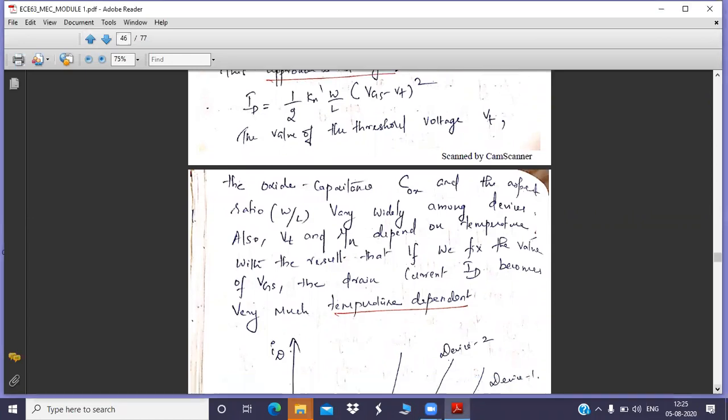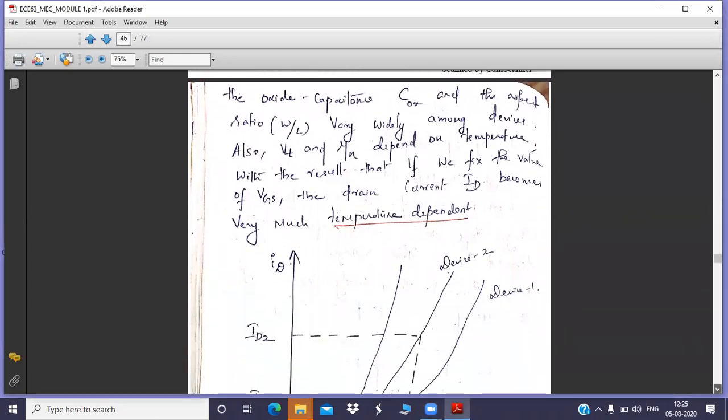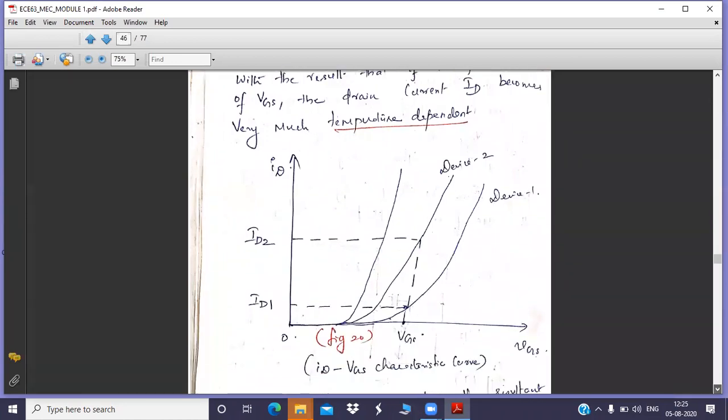So if ID is changing drastically, your Q point is unstable. Even though you have fixed the Q point at P1, say P1 is the actual point you have located, due to device aging, device replacement or temperature variations, your Q point may change from P1 to P2. That second point P2 may be out of saturation.